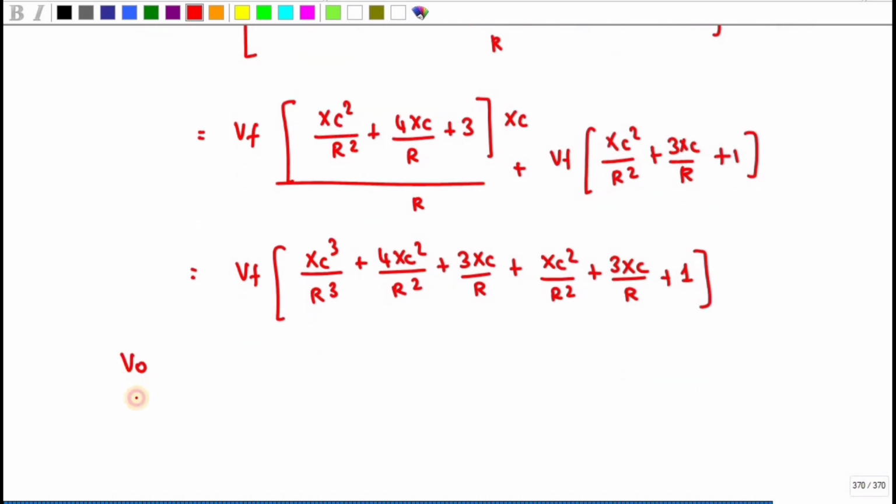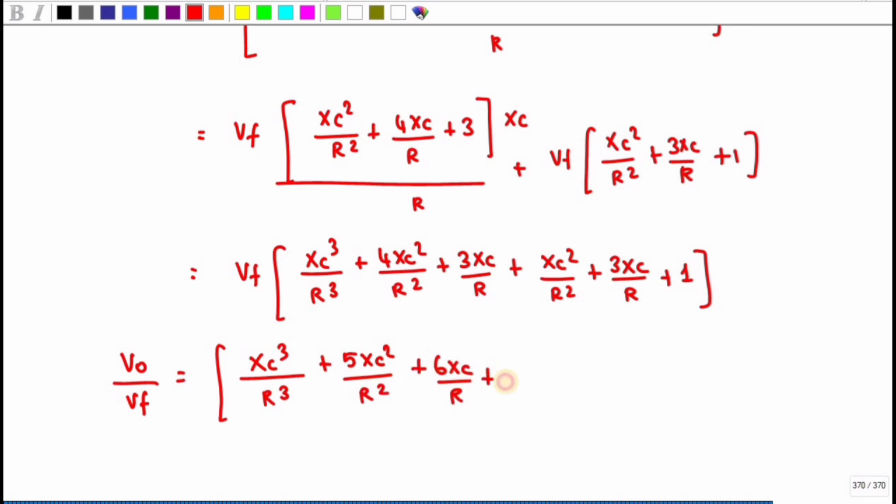So if I solve, I'll get V out divided by Vf is equal to Xc cube divided by R cube plus 5Xc square divided by R square plus 6Xc divided by R plus 1.